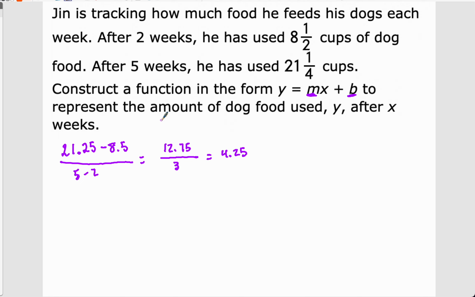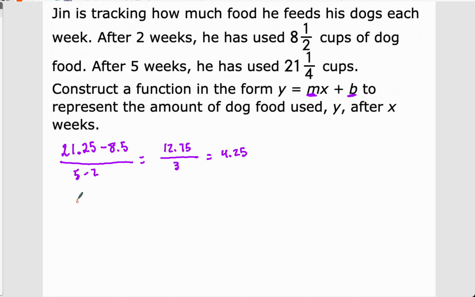Okay. 4 1/4 cups of dog food a week. Now I can use my first ordered pair and my slope to see what my y-intercept is. I'm going to change colors for that just because I can. It's easy to do.